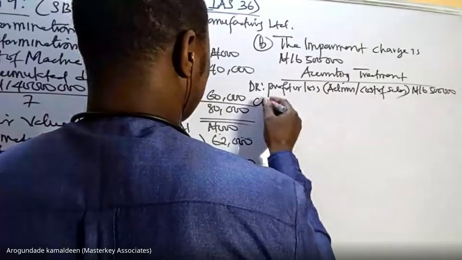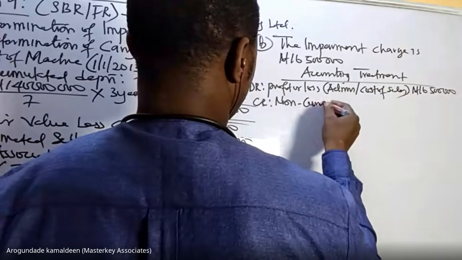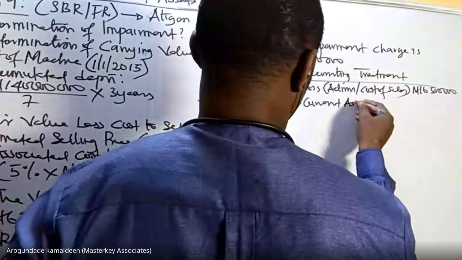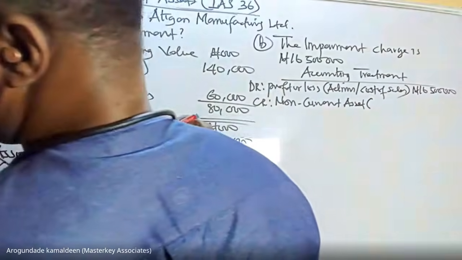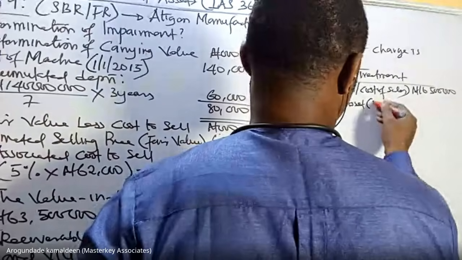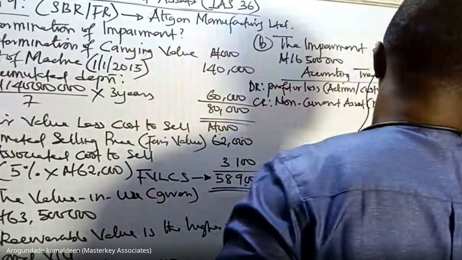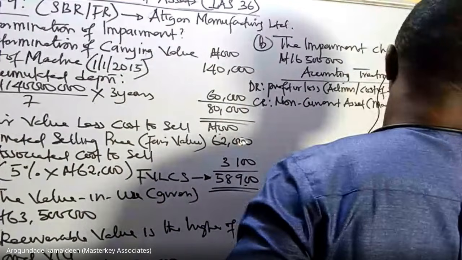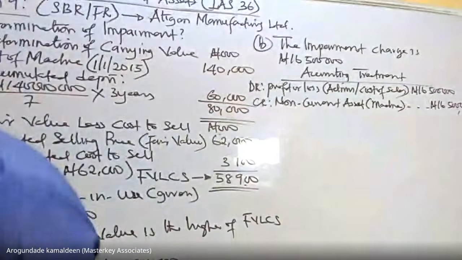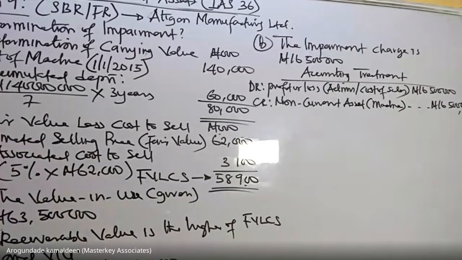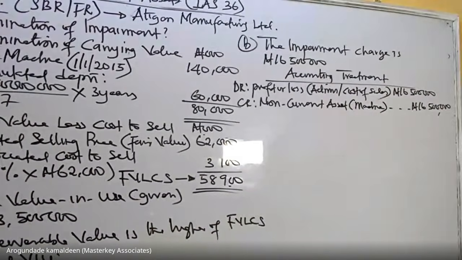Now, credit the non-current asset. The what? The machine, 16.5. So class, that is a full 20 marks question. Full one for SBR. Full 20 marks.